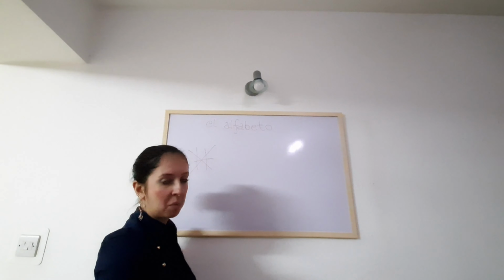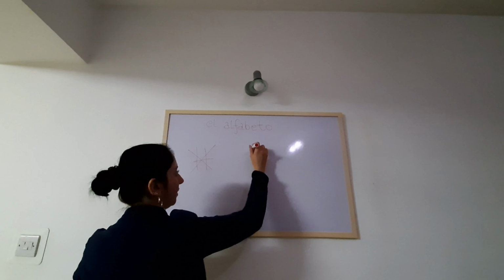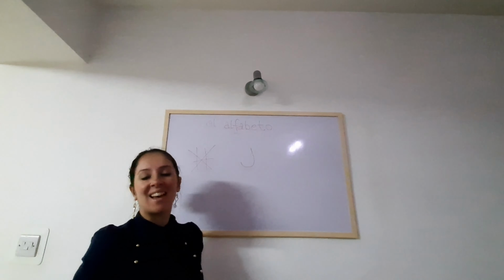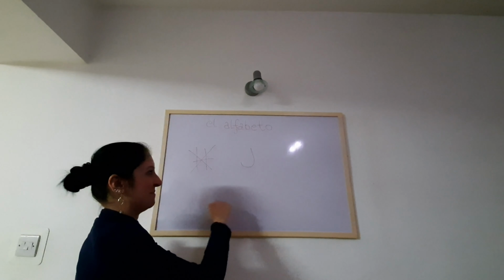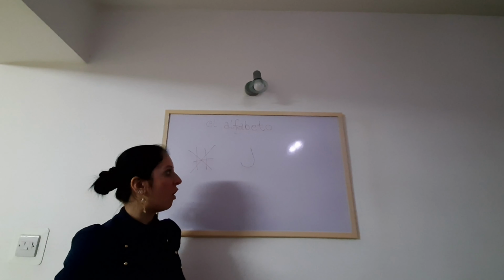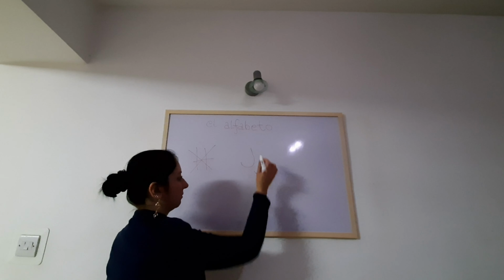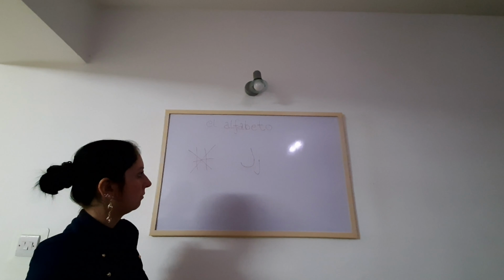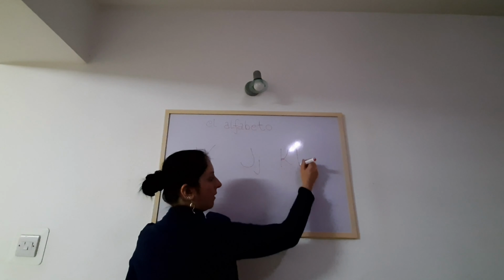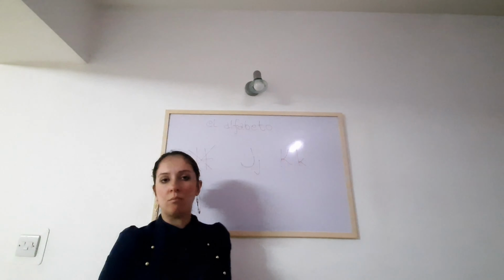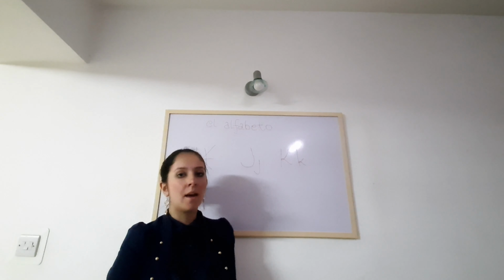I, normal letter I. J, pronounced as H, always. That is the missing one. Always is H, okay? So, K, you will rarely find it, maybe if you're reading some book or something.